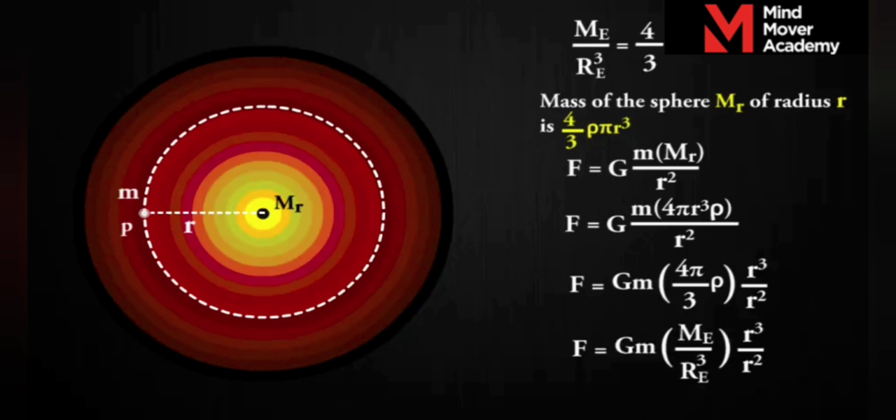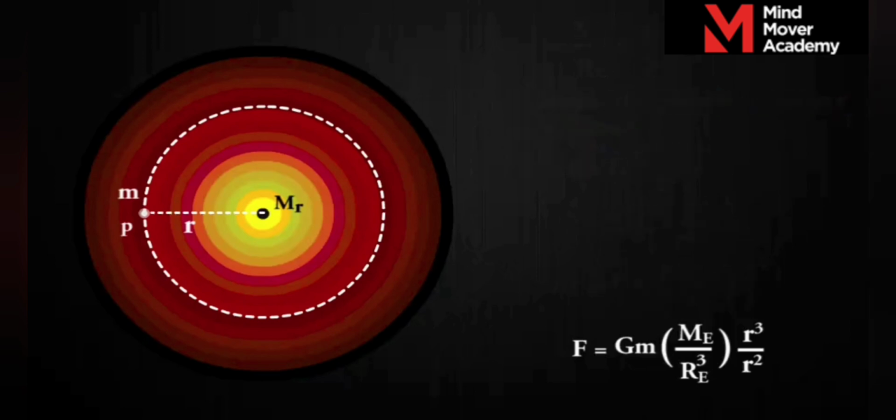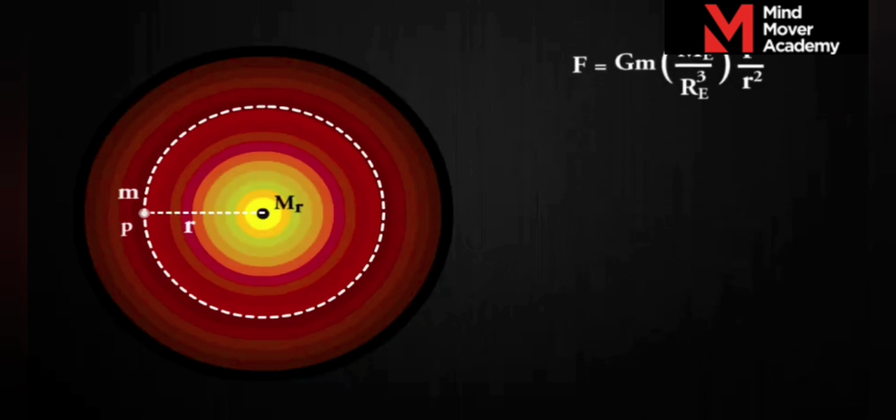That is, G m Me upon Re raised to the power 3 into r raised to the power 3 upon r raised to the power 2. F is equal to G m Me by Re raised to the power 3 into r.